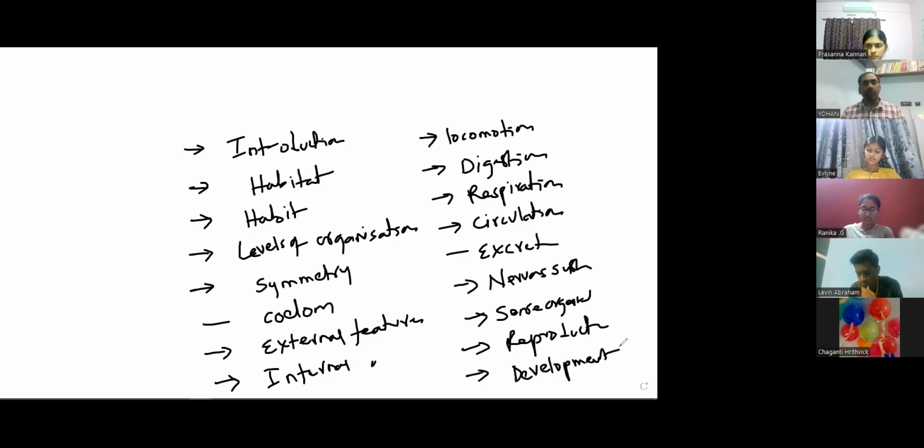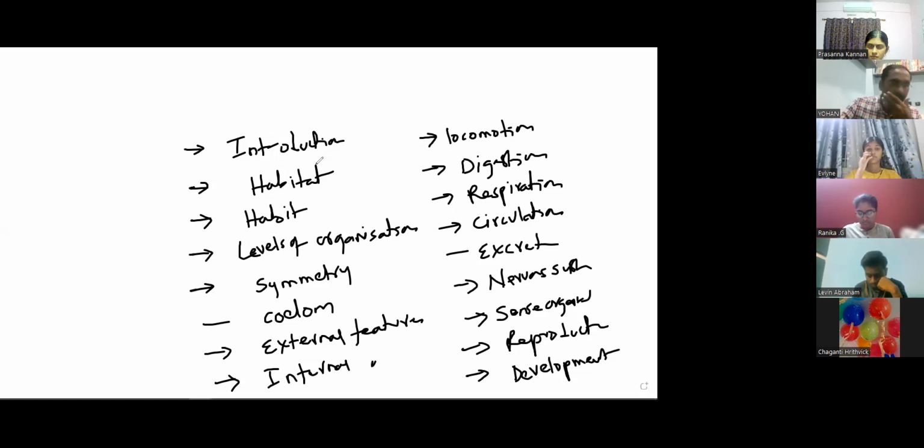This is the sequence we have to follow while reading the file. I'll repeat once again. Introduction. Habitat.